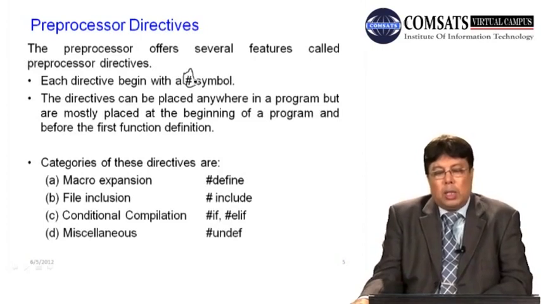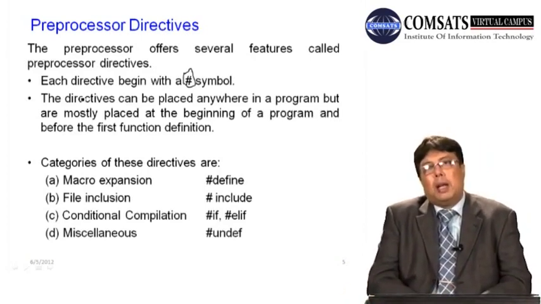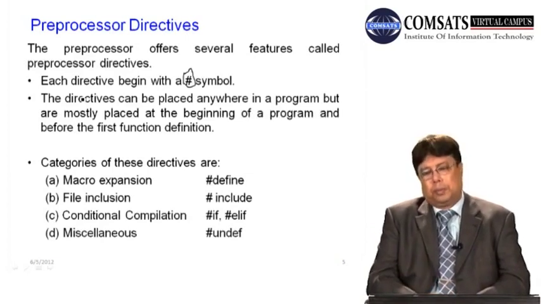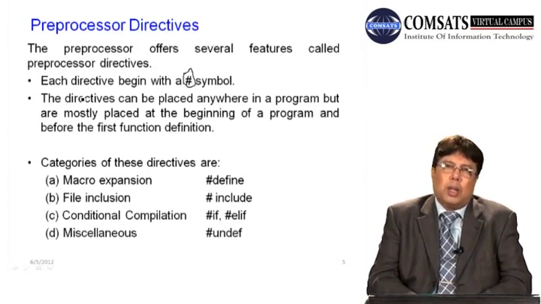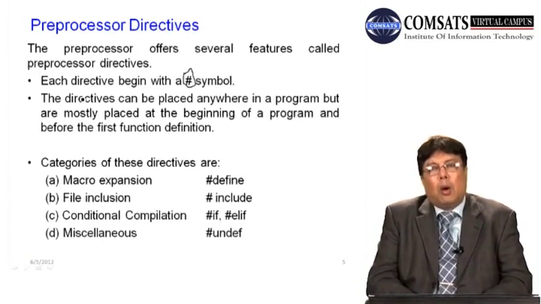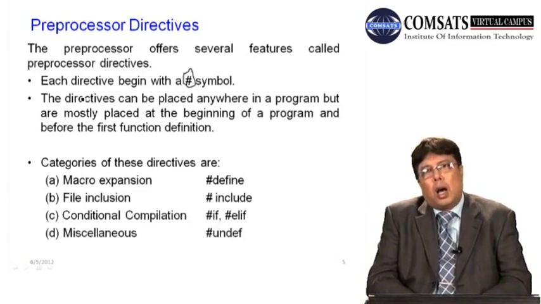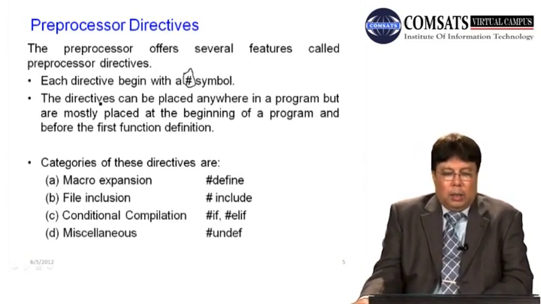So we start all the directives with the hash symbol. This is the first concept. The directive can be placed anywhere in the source code: in the beginning, somewhere in the middle, or at the end of the program. But the common practice is that the most common preprocessor directives are placed in the beginning of your main program. Let us try to categorize these commands.